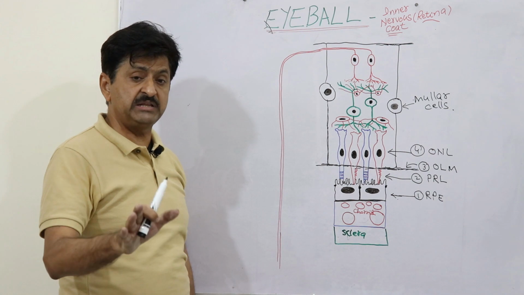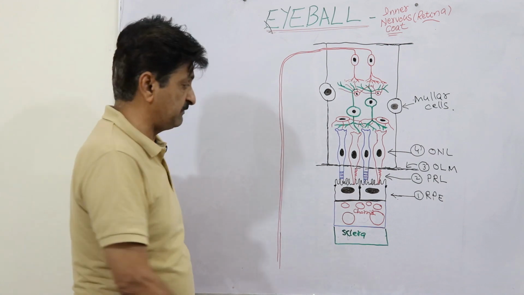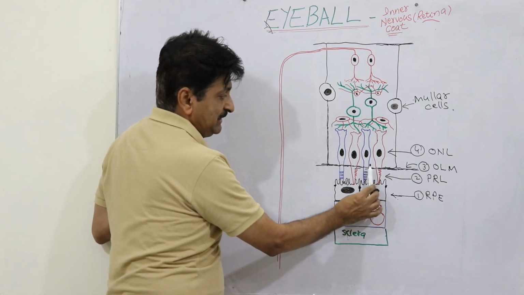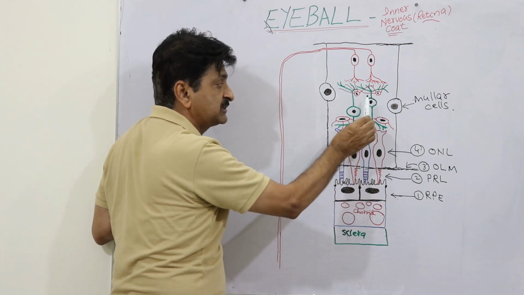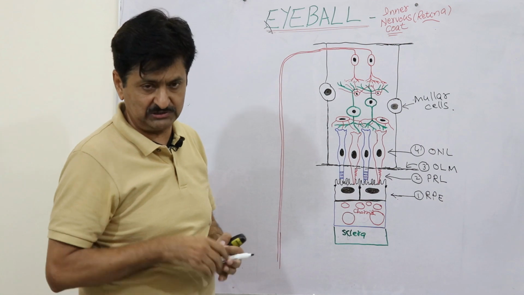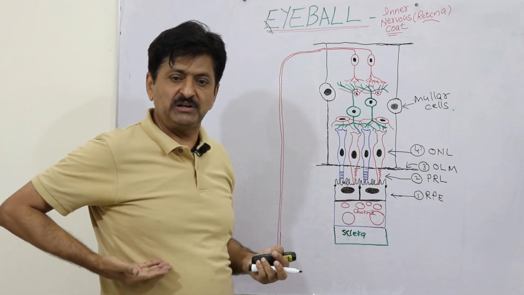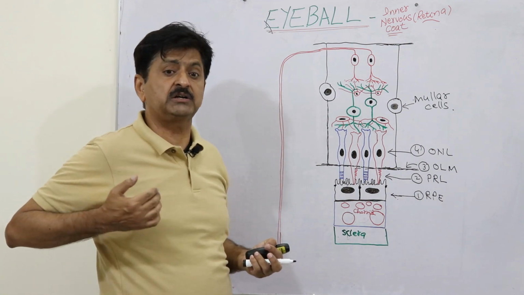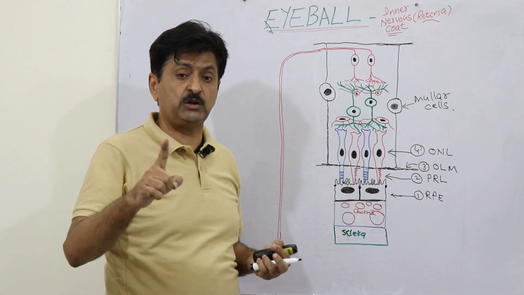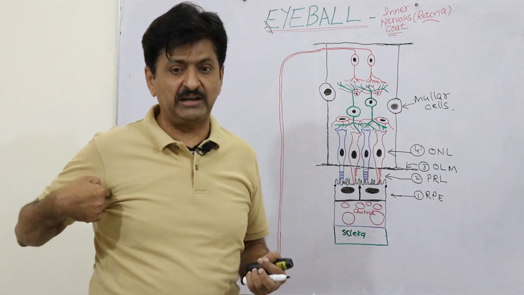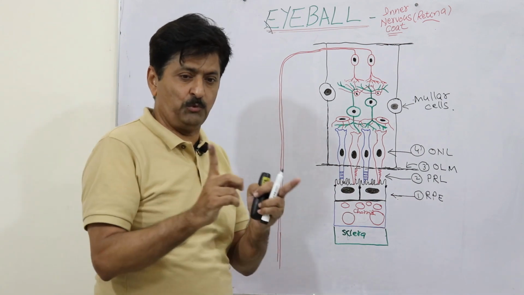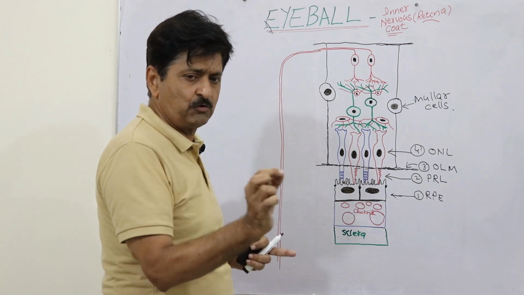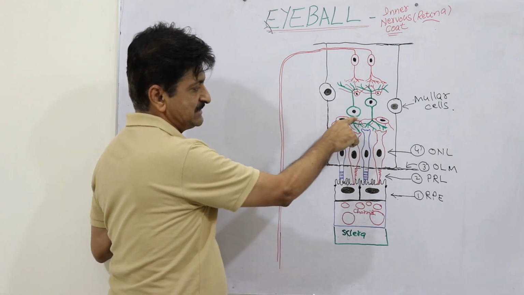Action potential means the transduction will take place, and if the transduction takes place here, then these impulses will be handed over by the rods and cones to the next order of neuron, first order neuron. The receptors hand over their signals to the first order neuron, peripheral axons of the first order neuron, whose cell body is lying in the dorsal root ganglia or the sensory root ganglia. Same here, their homologous structure will be lying here, these types of cells.